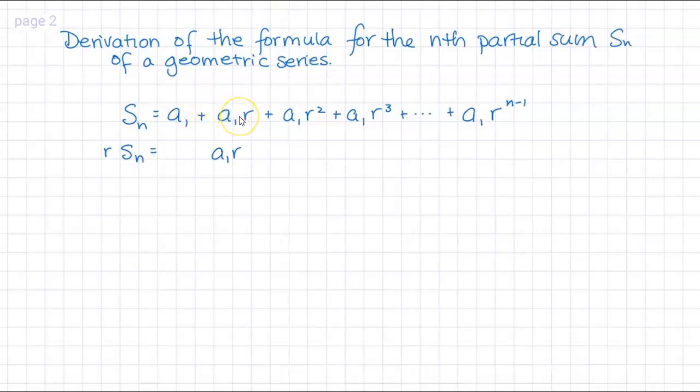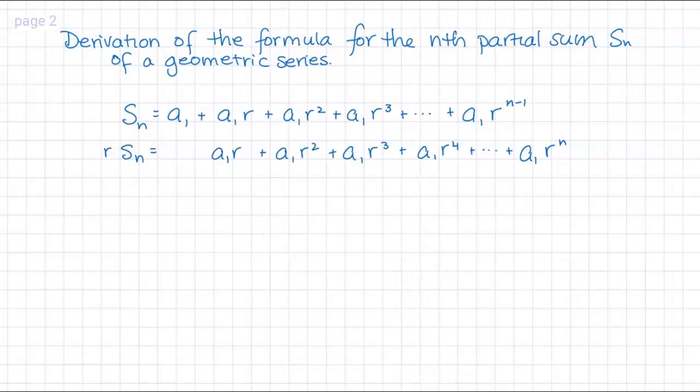And if I multiply this term times r, it's going to be a sub 1 times r squared. If I multiply the third term by r, it's going to be a sub 1 times r cubed. And if I multiply this term, it's going to be a sub 1 times r to the fourth. And I keep going, and I multiply the last term by an r. That means I'm actually multiplying by n r's. So I have all of this.